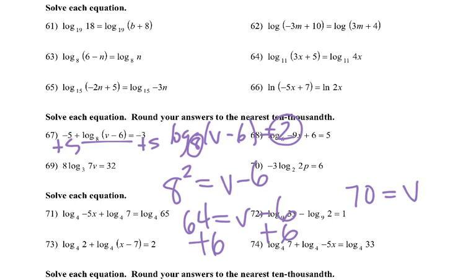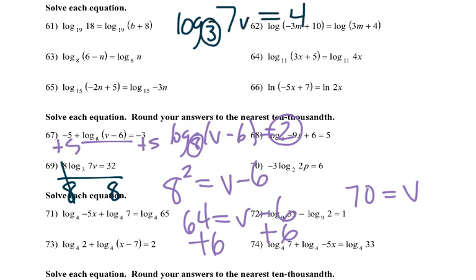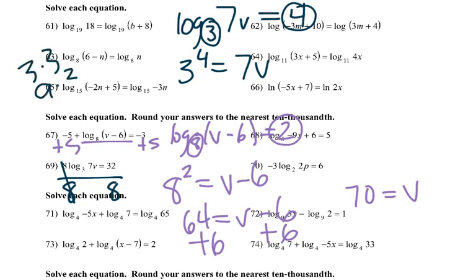If we look at 69, first thing I would do is divide both sides by 8. That would give me the log base 3 of 7v equals 32 divided by 8 is 4. Then switch it to exponential, 3 to the 4th equals 7v. 3 to the 4th, well, 3 times 3 is 9, times 3 is 27, times 3 is 81.